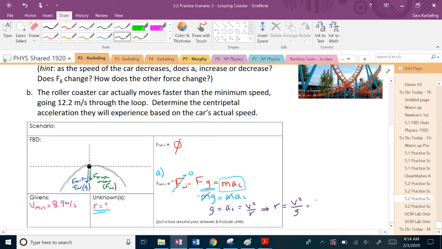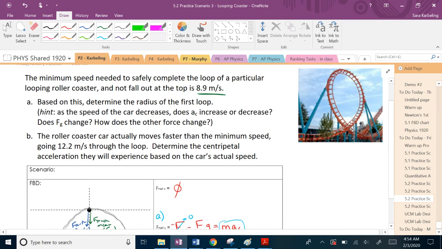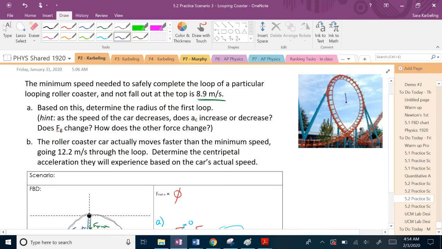We can just plug in our numbers: 8.9 meters per second, square that value, and divide by 9.8 meters per second squared. When you do that, I got something like 8.08 meters.